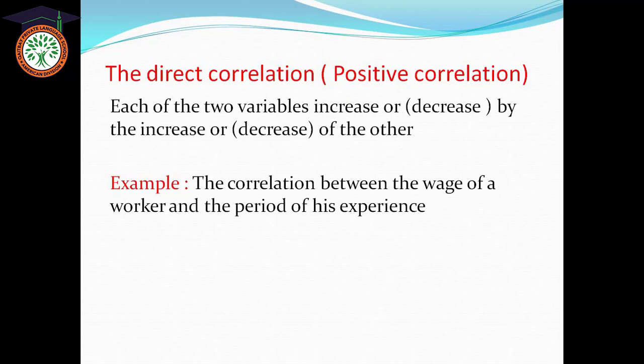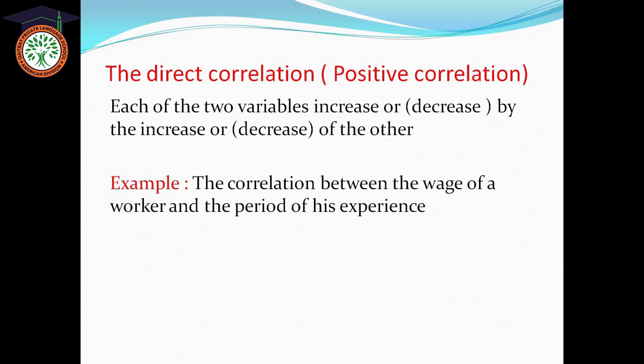As you know, if the period of the experience increases, the wage of the worker will increase, and also if the period of the experience decreases, the wage of the worker will decrease. So in this correlation, we have both data increasing or decreasing, so it's a direct correlation or positive correlation.